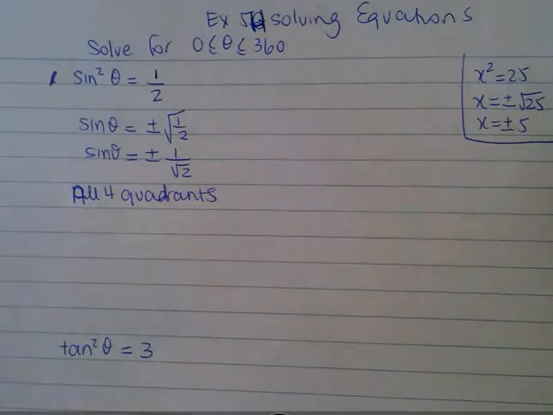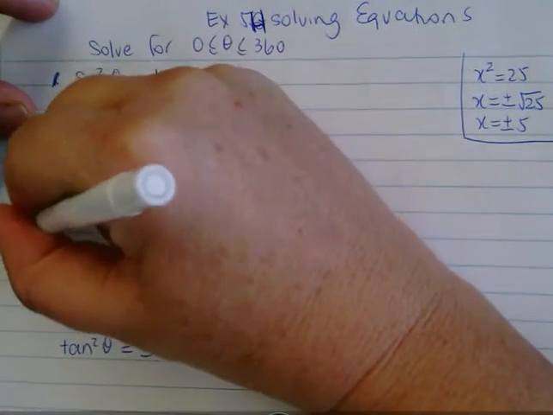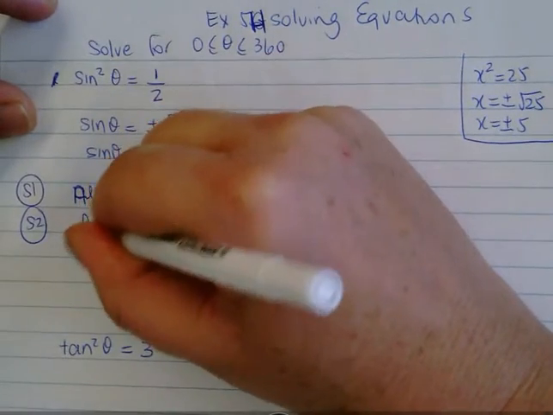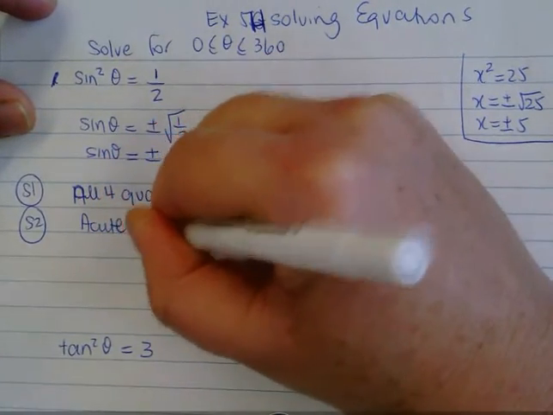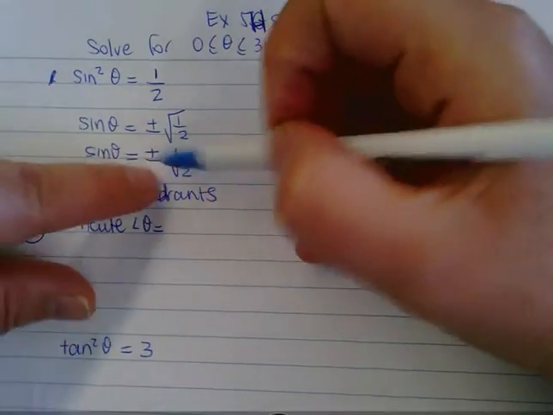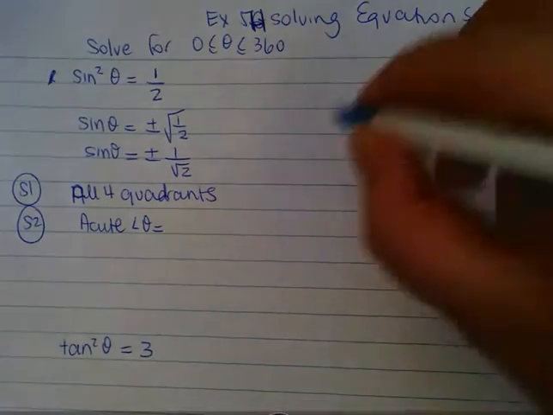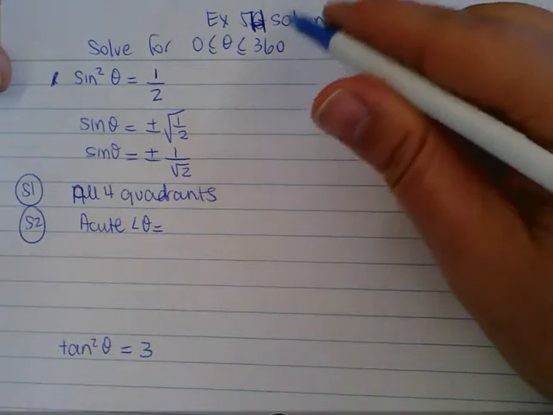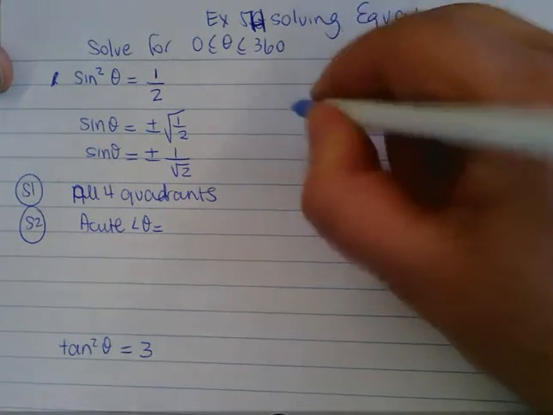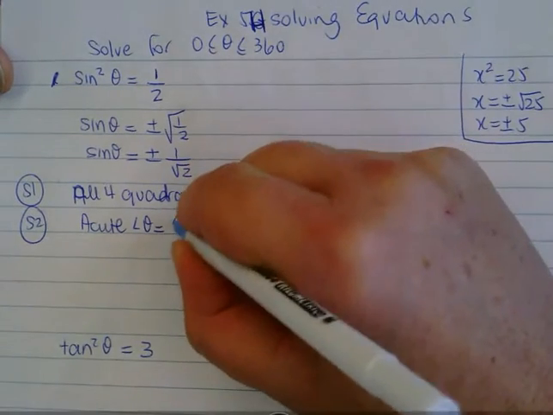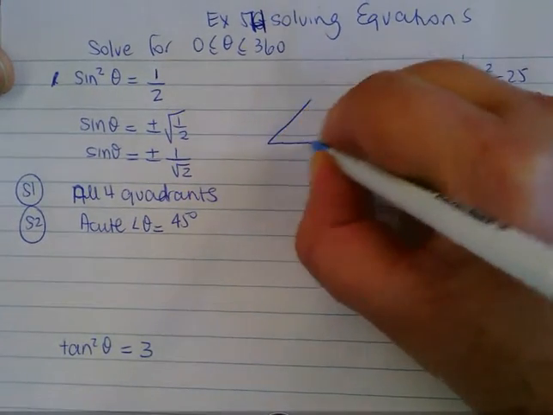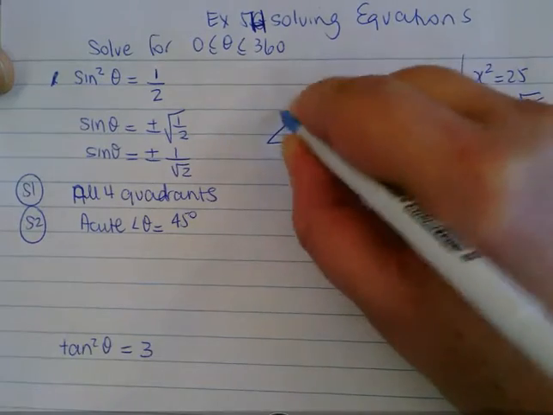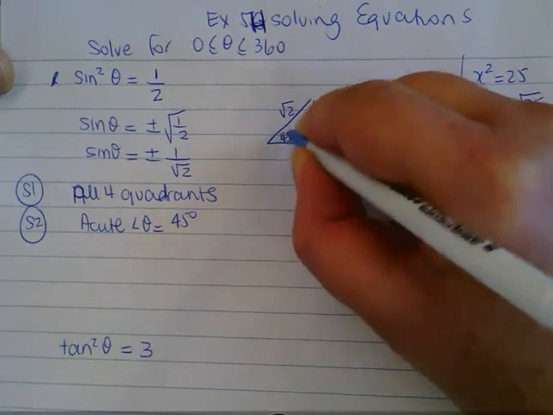So now, remember, step 1, what are the quadrants? Step 2 is the same. What are the acute angles? Acute angle theta. So you say sine of what is 1 on root 2? Well, is it 30, 45, or 60? 45. It's 45. Now you will have this on your formula sheet.